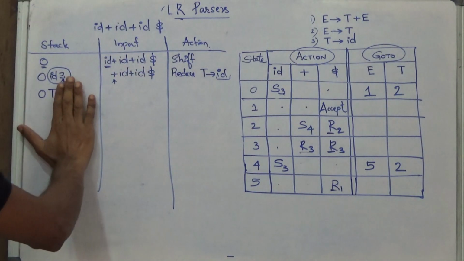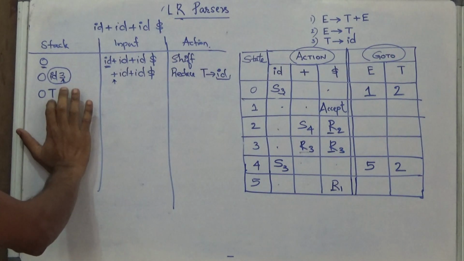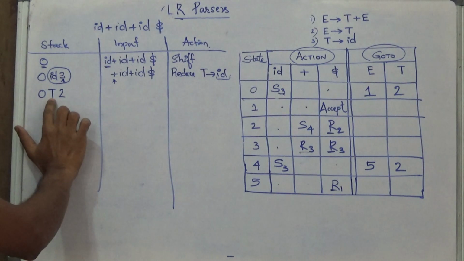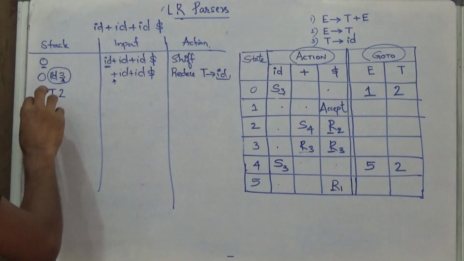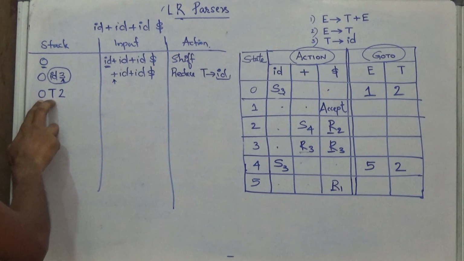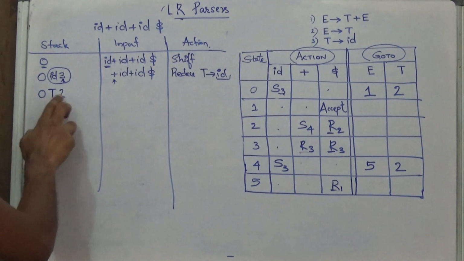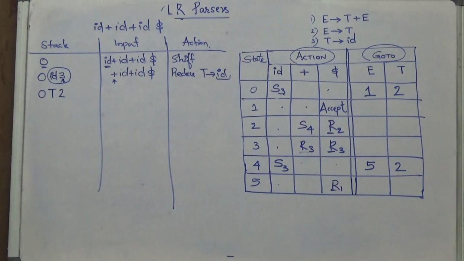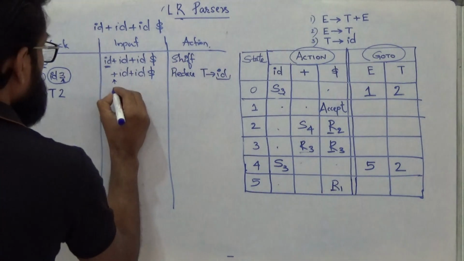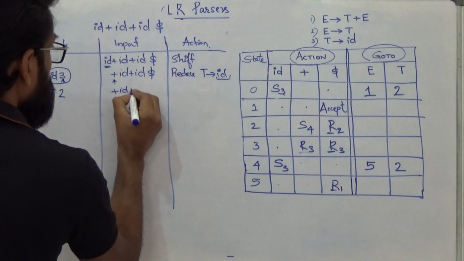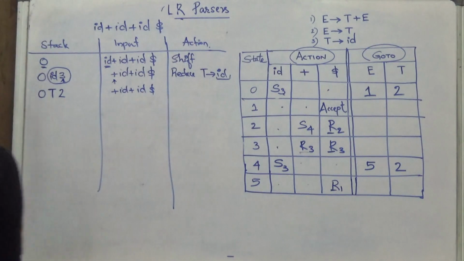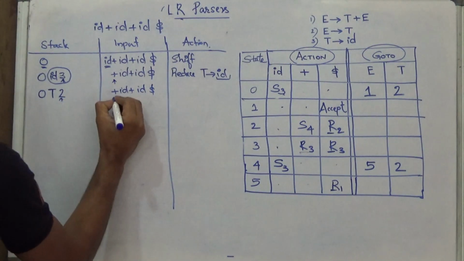Before performing this go to operation, a grammar symbol is on the stack top. In order to maintain that property, you have to perform the go to operation, go to 0T, which is 2, and that 2 will be pushed into the stack. So the remaining input is plus ID dollar.